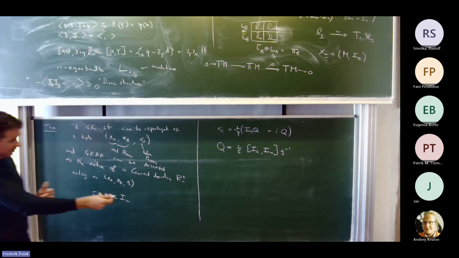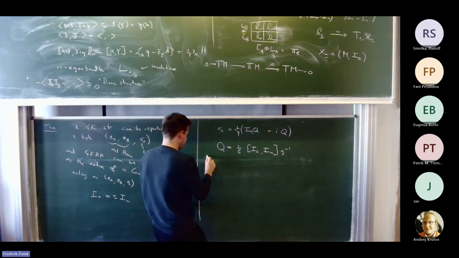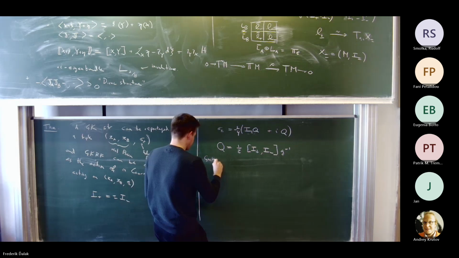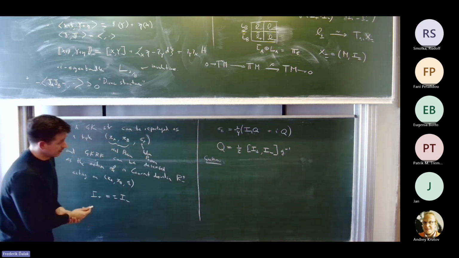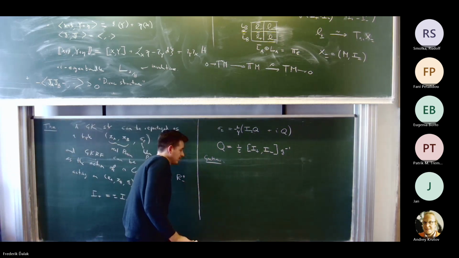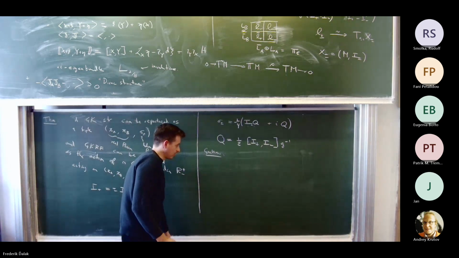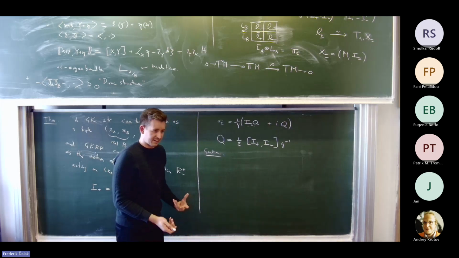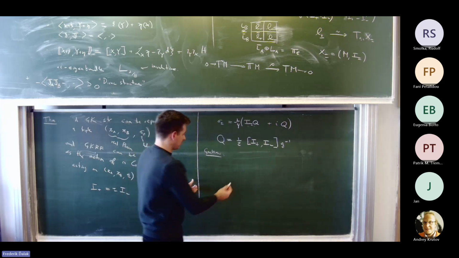This was also elegantly reformulated by Gualtieri. He said that holomorphic Poisson structures can be seen as generalized complex structures as well.